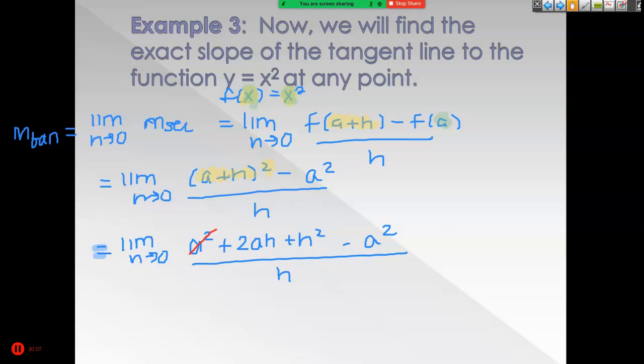Clean it up. A squared minus a squared cancel. You can cancel an h from your numerator and your denominator, because you could take that out as a GCF.